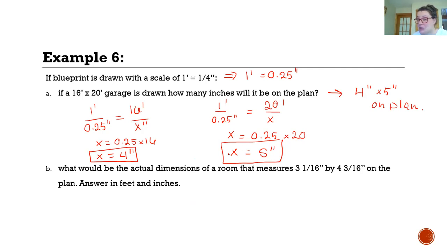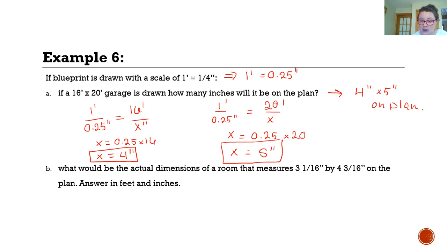Okay, so now we have another plan and we have a rule on it, and they didn't mark it with feet and inches. I know oftentimes things are marked with feet and inches, but in this case, we're saying they didn't mark with feet and inches, and you've just measured it out. And you've measured that it's measuring 3 1/16 by 4 3/16. How big is it actually?